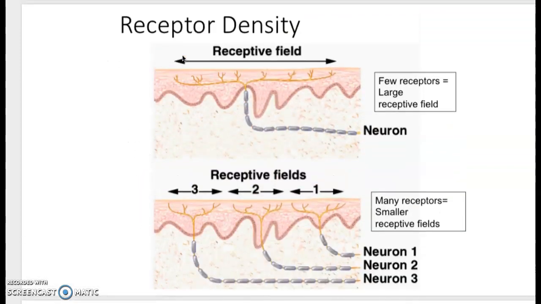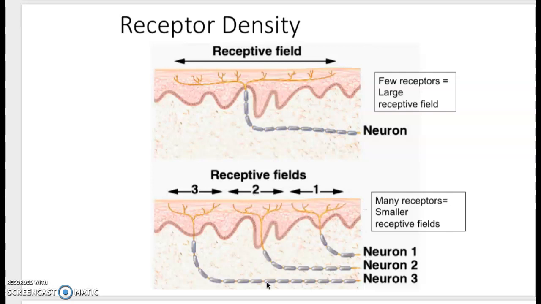So here, the receptive field is the area that the receptor is able to be stimulated. On the top, all of this goes to one neuron. This is a large receptive field. On the bottom, there are three different fields going to three different neurons.